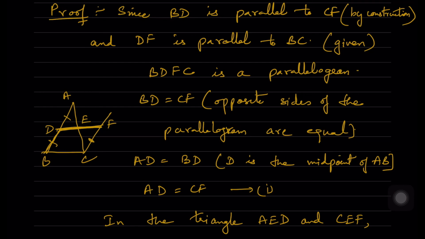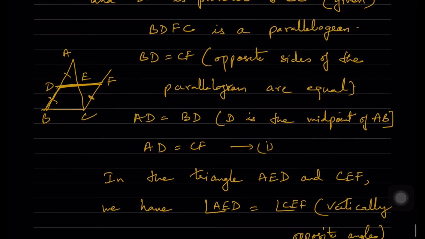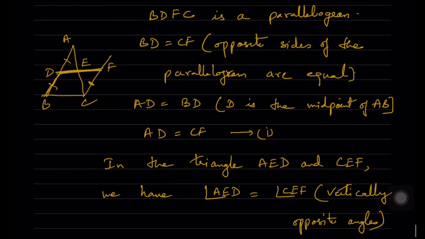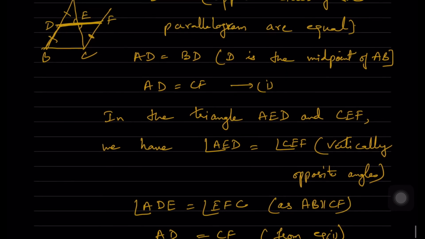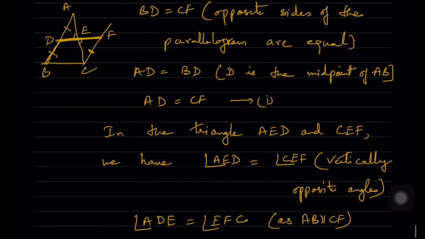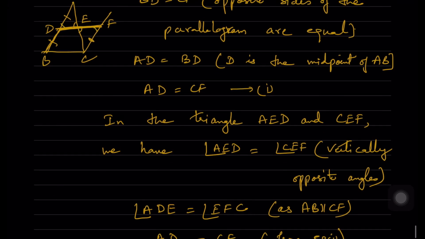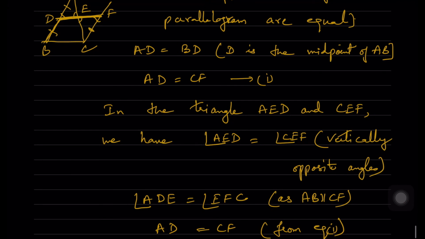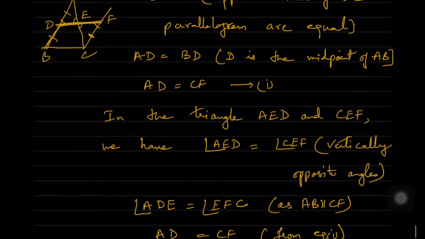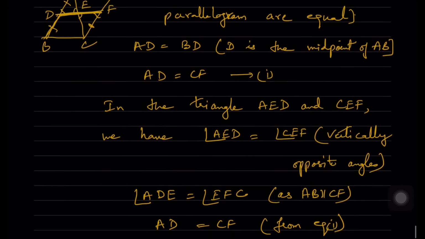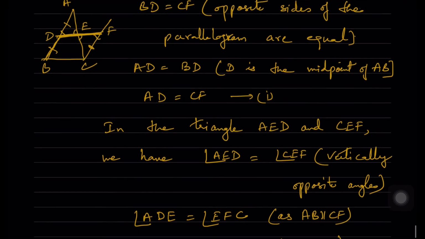So in triangle AED and triangle CEF, angles AED and CEF are vertically opposite angles. Therefore angle ADE is equal to angle EFC, as AB is parallel to CF.